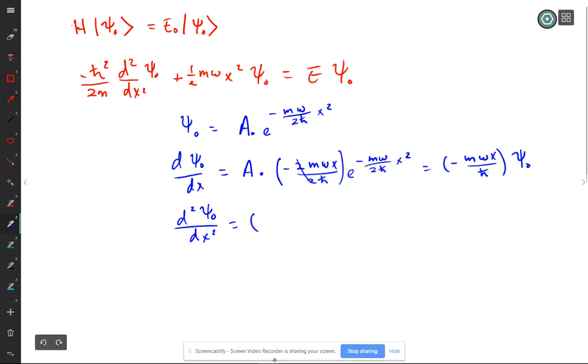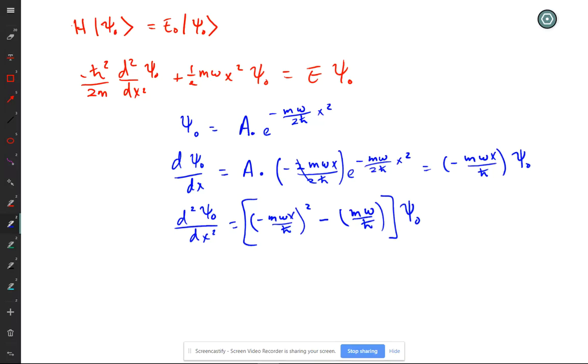And so I will have minus m omega x over h bar squared for doing the derivative of the second part times the first, minus m omega over h bar, and then all times psi 0. This last one I did more in my head because it was product rule of the two, and we've already done the derivative of psi.